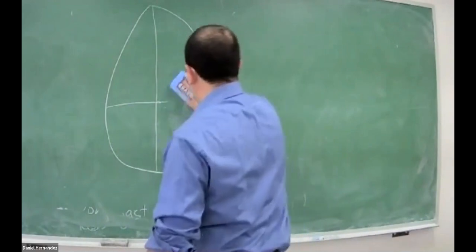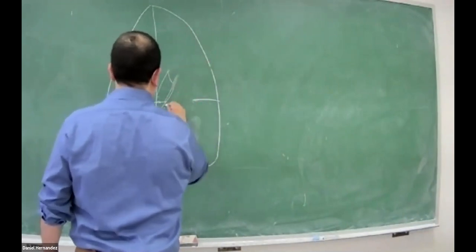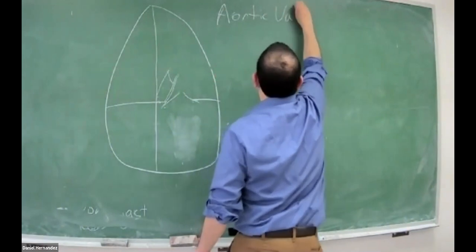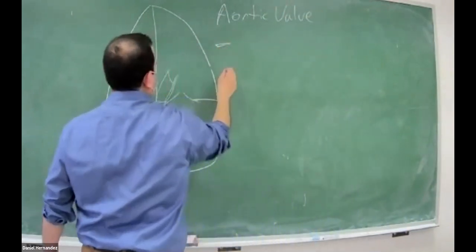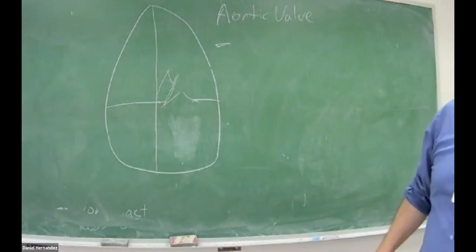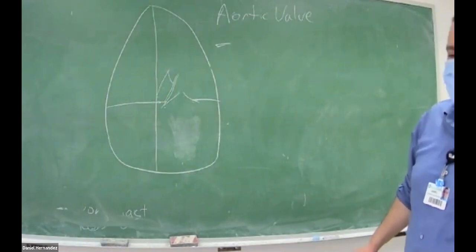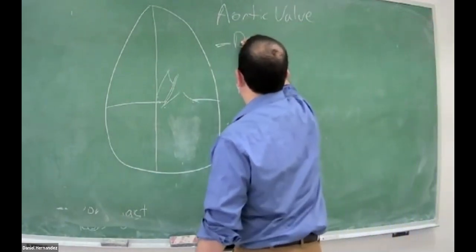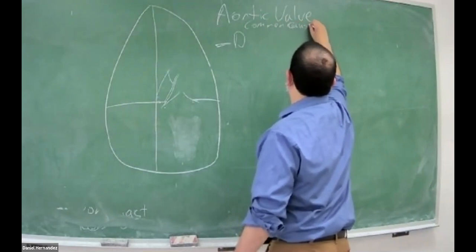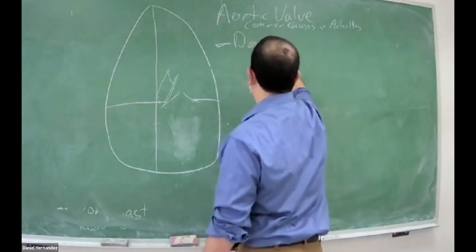So aortic valve disease. The most common causes of aortic valve disease in adults are degenerative.